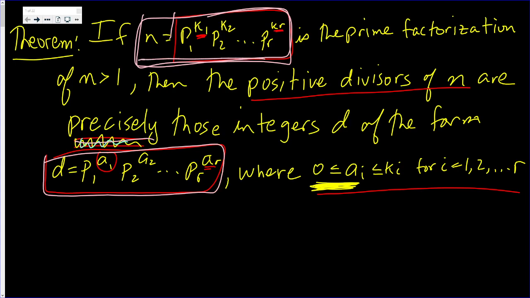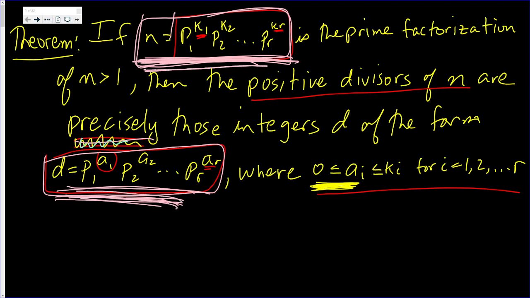If you have this number, then any divisor looks like this, and if you have a divisor that looks like this, then the bigger number is this. That is, if this is a divisor of n, then n must be in this form. They come in pairs, folks. This is an if and only if proof.